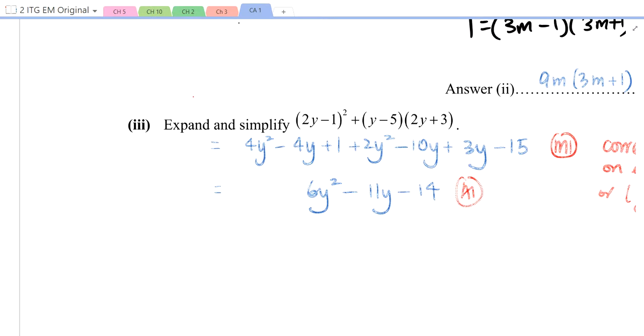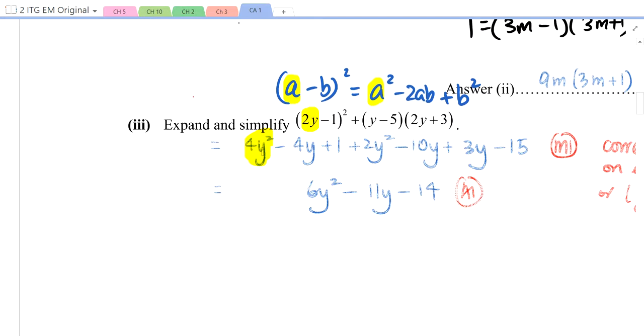Many of you tried to use the formula a minus b squared to give me a squared minus 2ab plus b squared. But there's a problem. You didn't realize that in this case the a is 2y. Right? So when you square a, you are supposed to square 2y in order to get 4y squared.